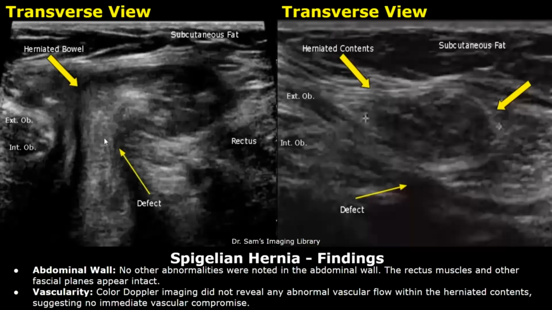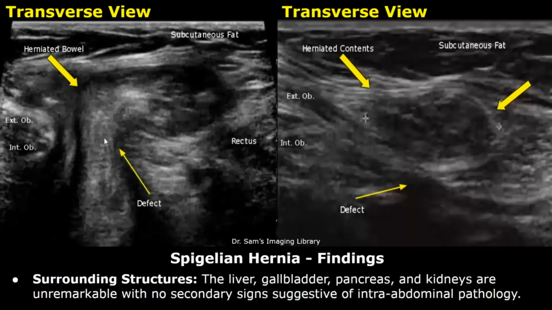The rectus muscles and other fascial planes appear intact. Color Doppler imaging did not reveal any abnormal vascular flow within the herniated contents, suggesting no immediate vascular compromise. The surrounding structures were normal.